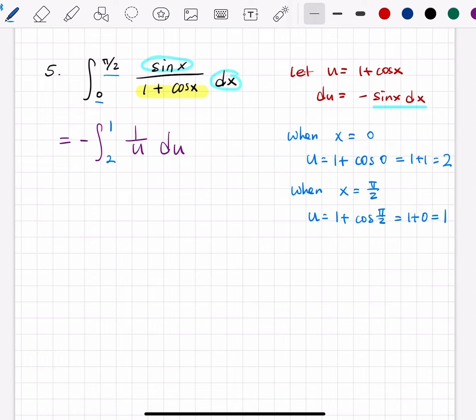Now 1 over u, this is just going to be ln of u. And then we're going to evaluate it from 1 to 2, which is negative ln of 1 minus a negative, so plus ln of 2. ln of 1 is 0.